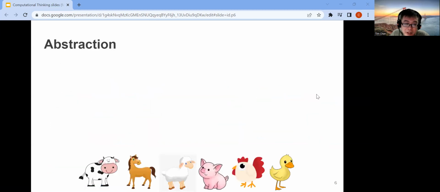Okay, next, abstraction. So what is abstraction? To better understand this, let's take a look at this graph. As you can see, there is a list of animals on the graph here.